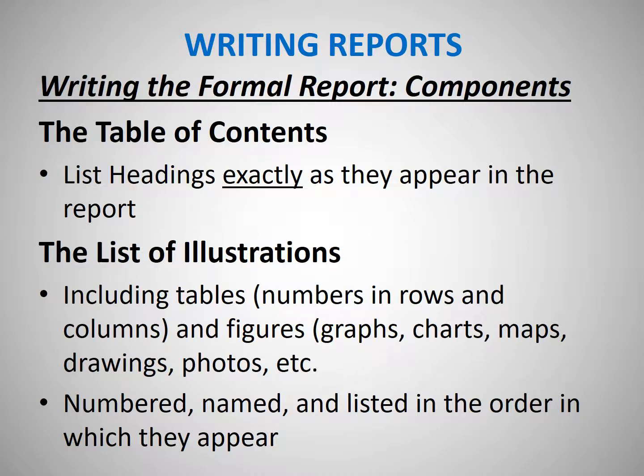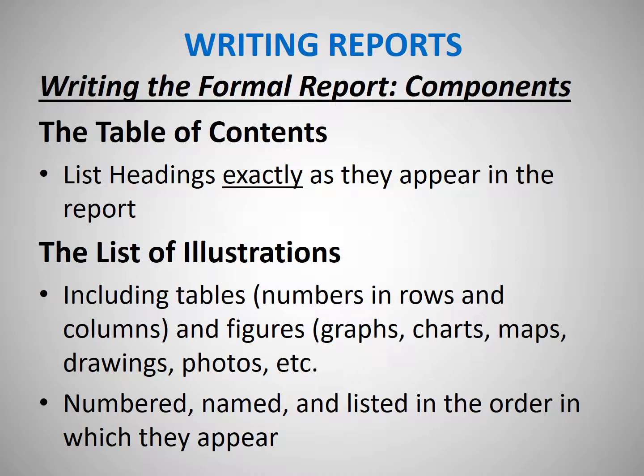So if one of your headings is Problem, you have Problem, and the page, whatever the page is, each one in the proper order, written exactly. I can't stress that enough. The table of contents must exactly reflect the actual headings and the pages on which they occur. If you don't get that right, I promise you, your reader will be so confused and so turned off. So I promise you the importance of getting that right.